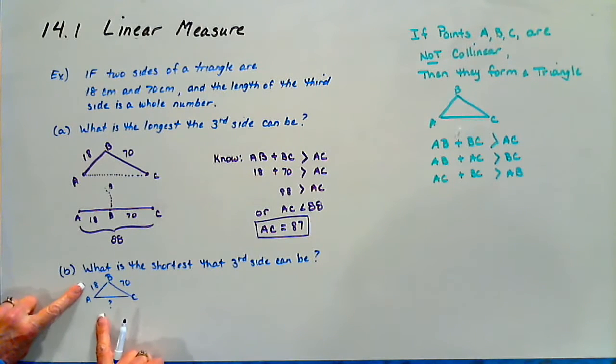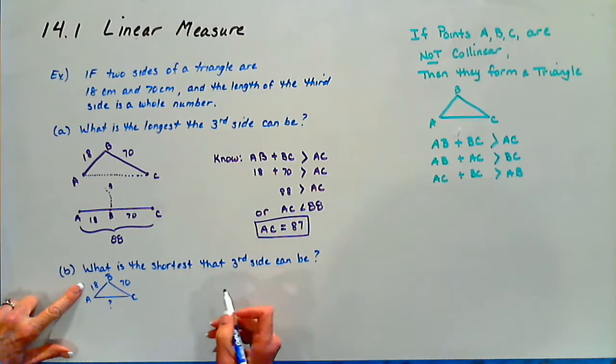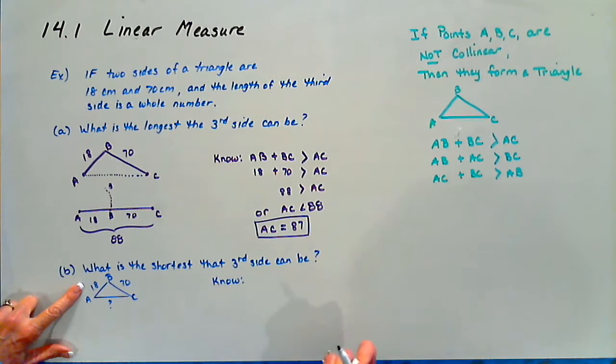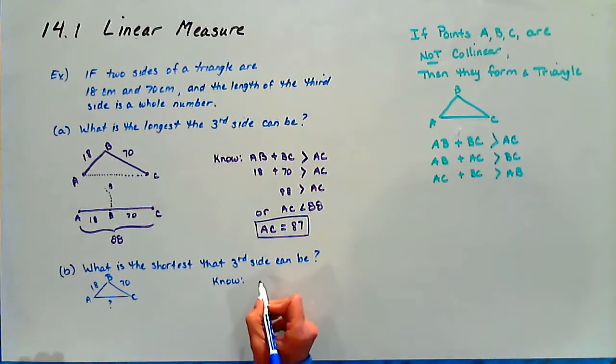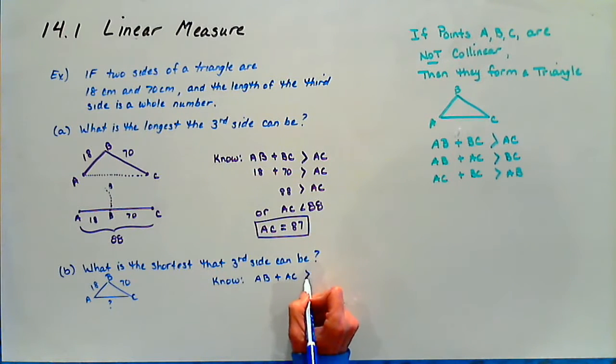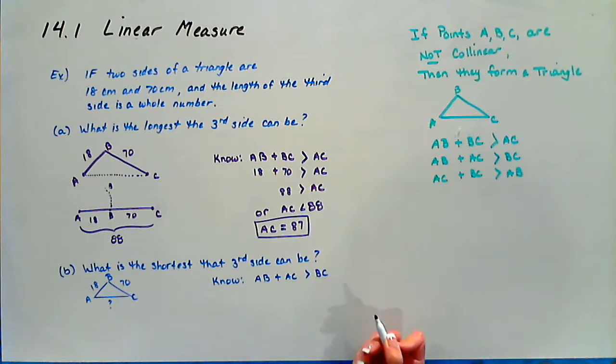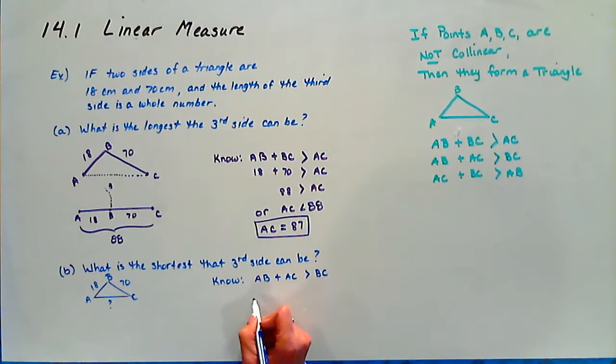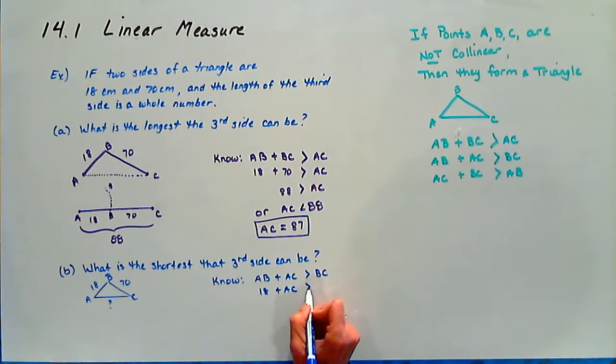But it does make sense to go the other way. I know that the sum of two sides has to be greater than 70. So I know that AB plus AC has to be greater than BC. It's one of our three versions. I know AB is 18. I don't know AC, but I know it has to be greater than 70 when combined.